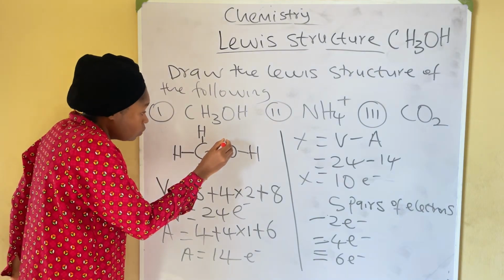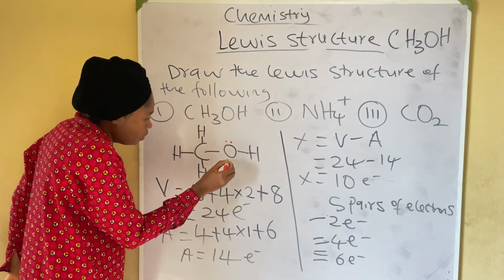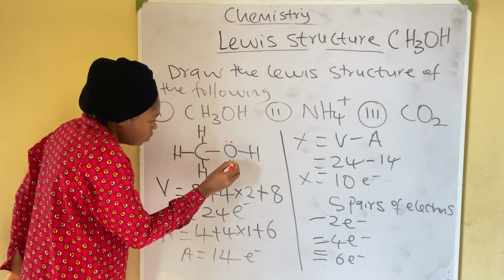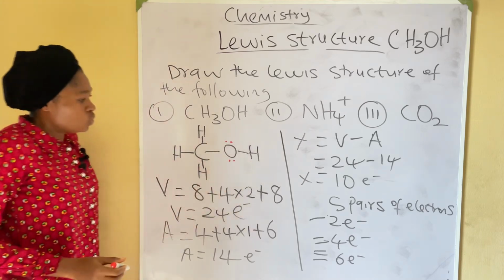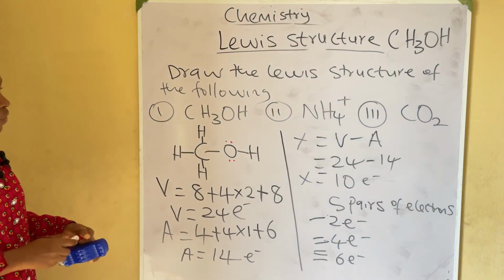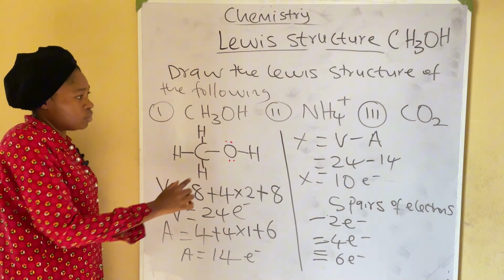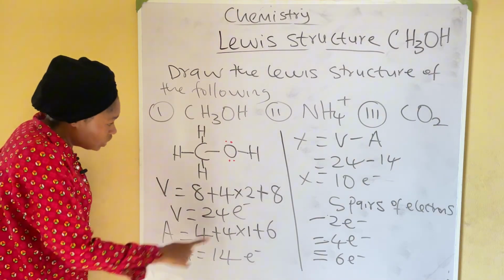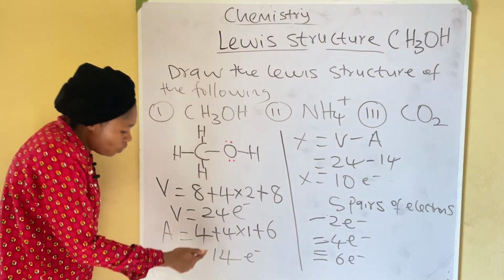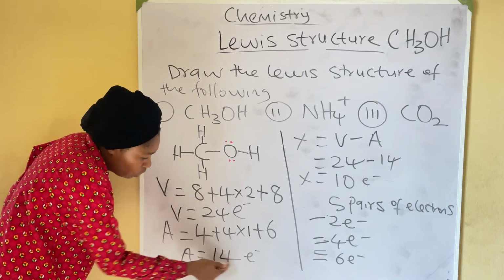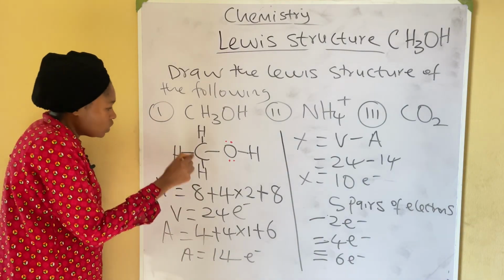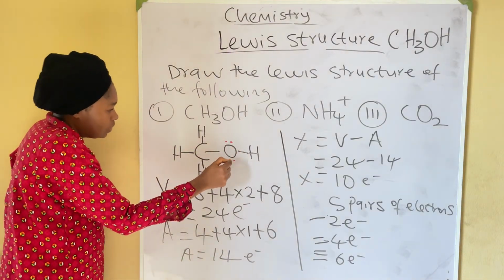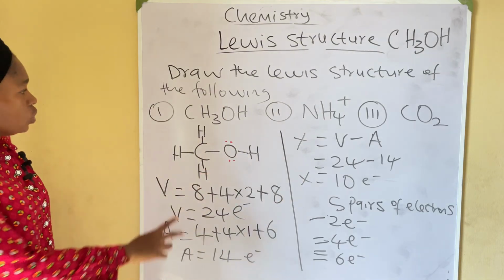Oxygen, as dots, to represent it. So this is what? The Lewis structure for what? For methanol, CH3OH. So at the end, if you count, the total electron I have here will be equal to what? Available electron A. 2, 4, 6, 8, 10, 11, 12, 13, 14. So this is the Lewis structure for this.